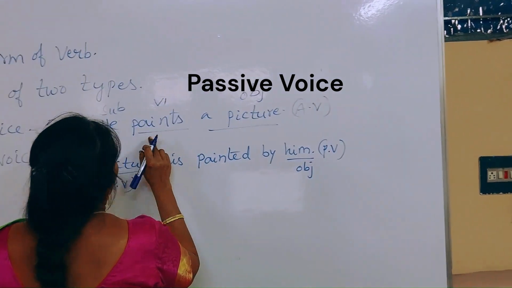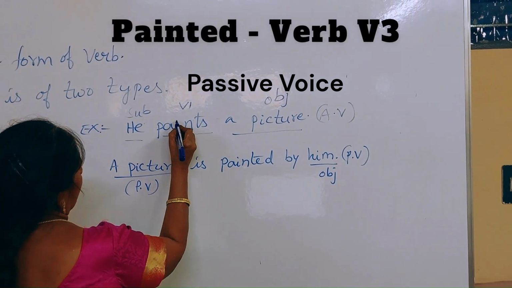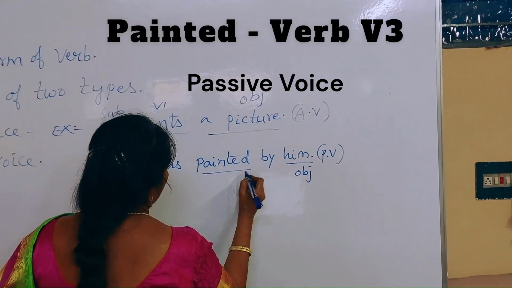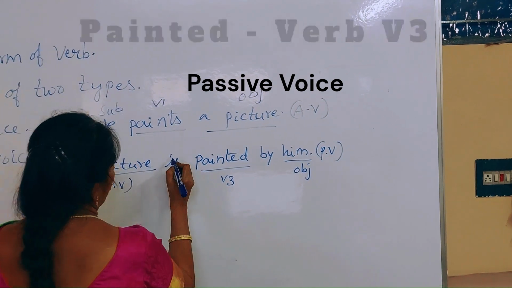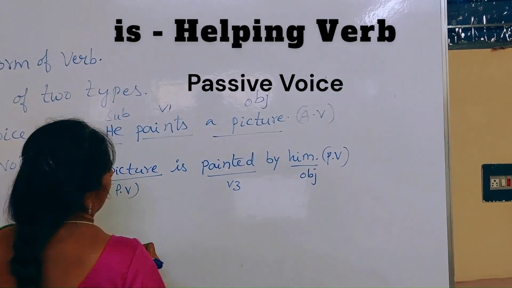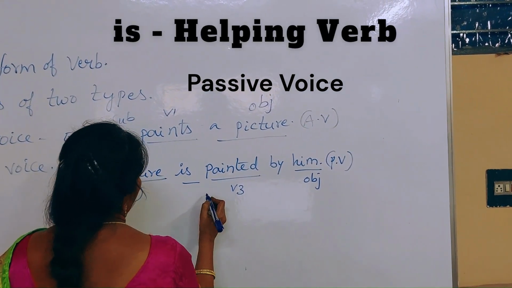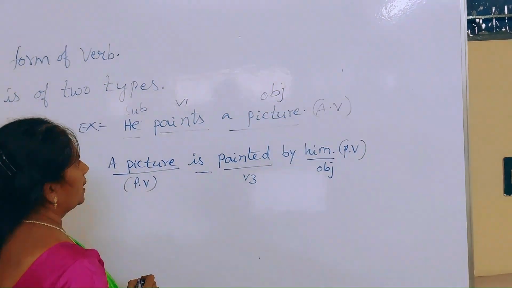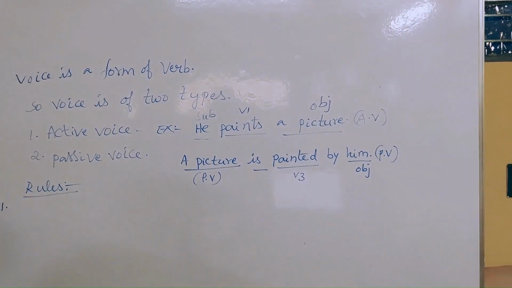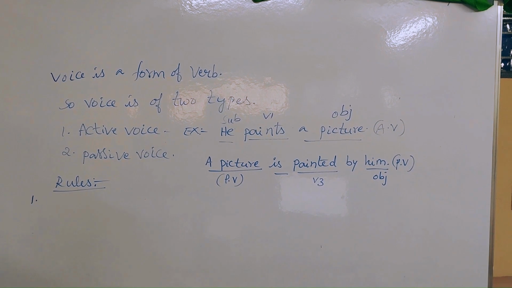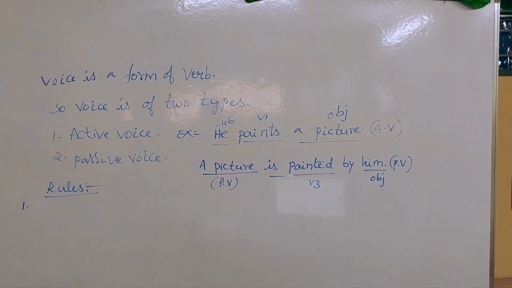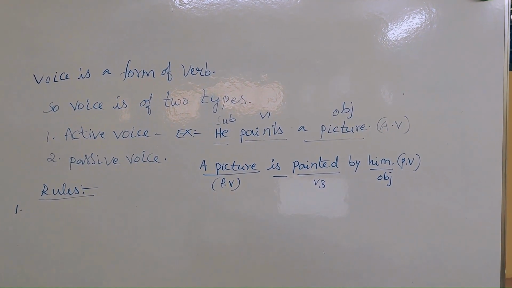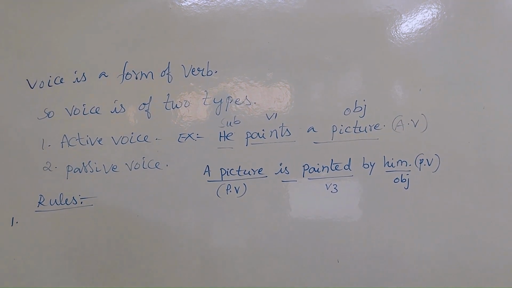Paints, which is the verb in present tense, became V3 verb in passive voice, and we added is as a helping verb before this V3 form. So you have seen the active and passive voice in the example sentences, and how to change an active sentence into passive.